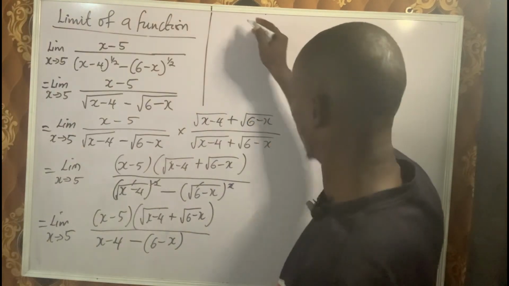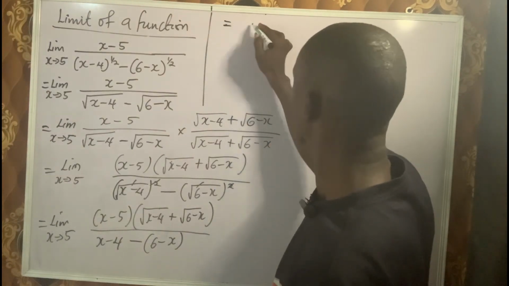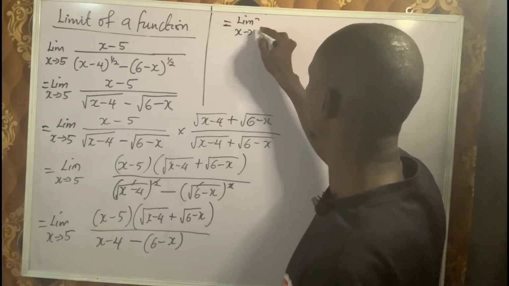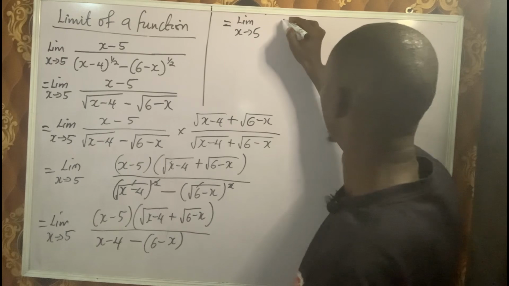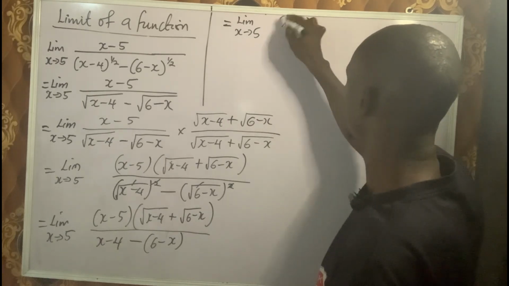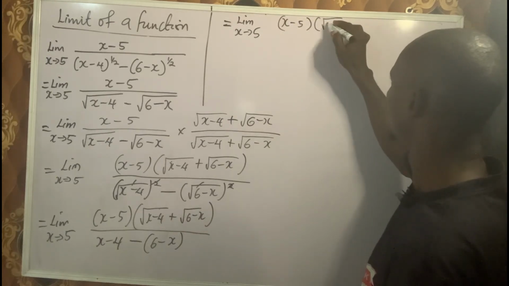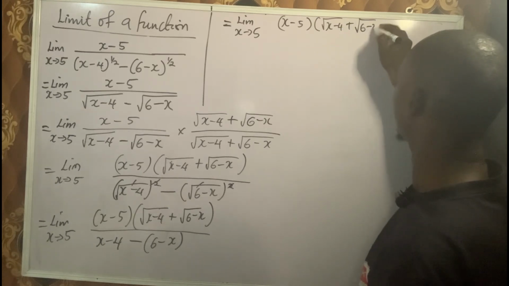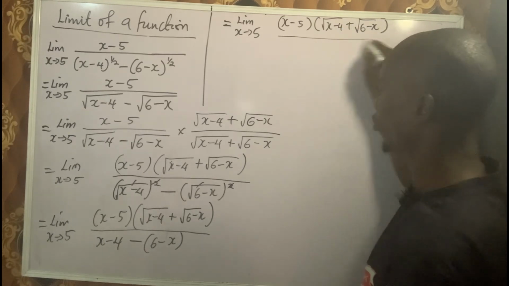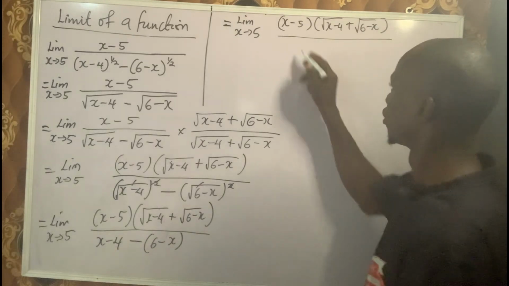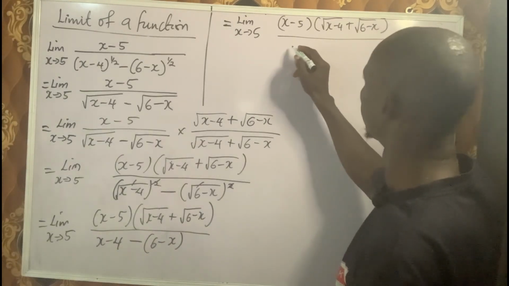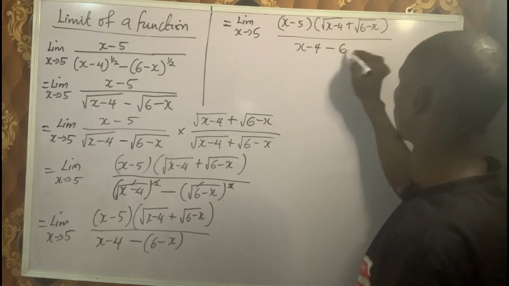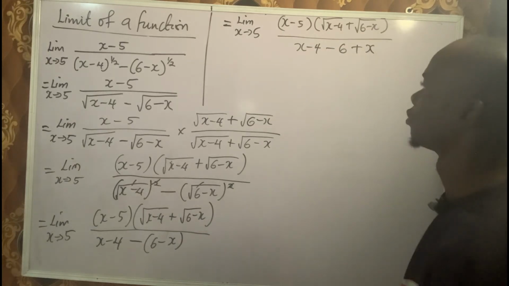So now that I've done that, what I have left is limit as x tends to 5 of (x minus 5)(root x minus 4 plus root 6 minus x) all over x minus 4 minus 6 plus x.